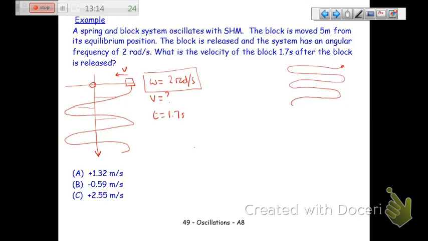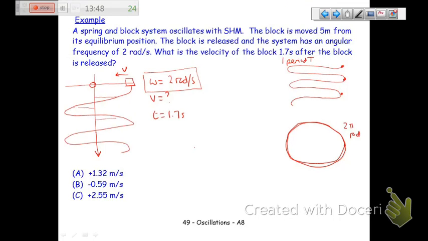There's 1 oscillation, there's 2 oscillations. And what I'm saying is I can represent that as circular motion. So that 1 oscillation is like going around this circle once. That would be 1 period. 1 period is like going 2 pi radians.